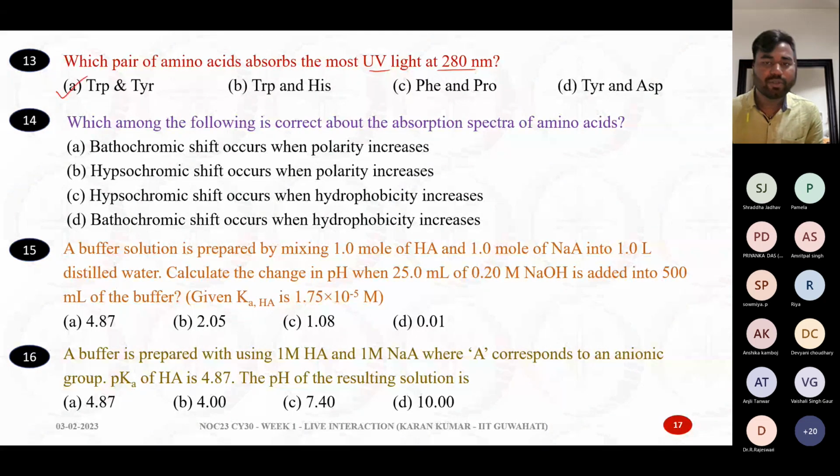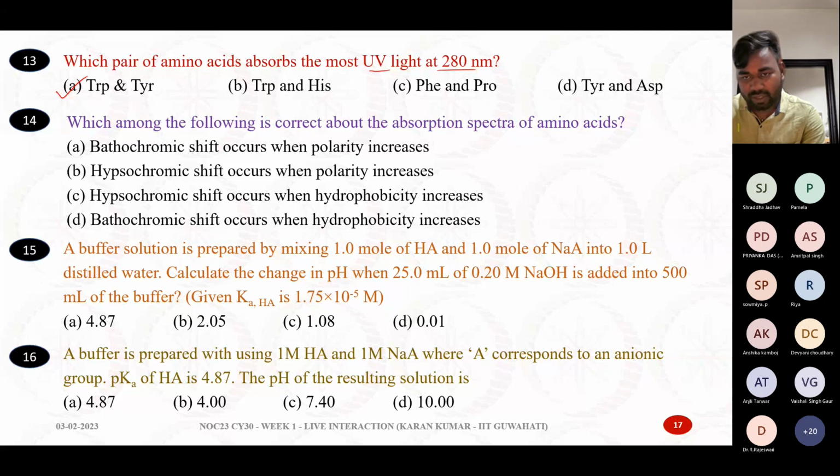Why do they absorb UV light at 280 nanometer? Sir, because they are aromatic amino acids and they are optically active. Why are they optically active? What does the aromaticity have to do with it? Due to the presence of a cyclic structure, I think. Cyclic structure.